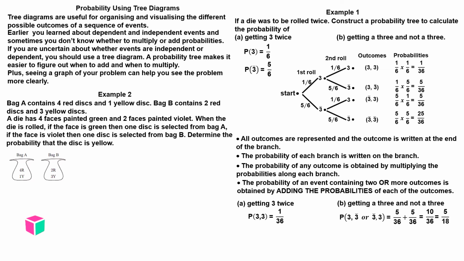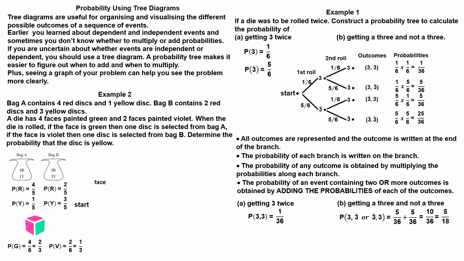We calculate the probability of green and the probability of violet from the die. We calculate the probability of red and the probability of yellow from bag A. We calculate the probability of red and the probability of yellow from bag B. Let's start by rolling the die.